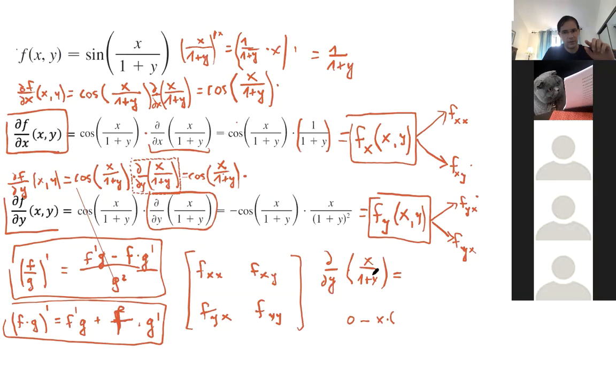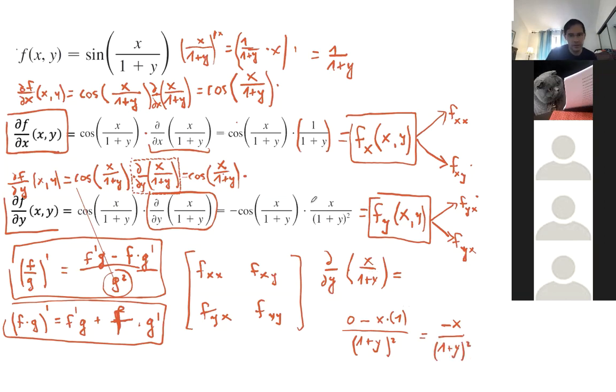Let me ask you this question: what is the derivative of the denominator 1 plus y with respect to y? 1. Excellent. Yes, it is 1. Divided by g squared, so the function 1 plus y squared. So this is going to be equal to negative x divided by 1 plus y squared.